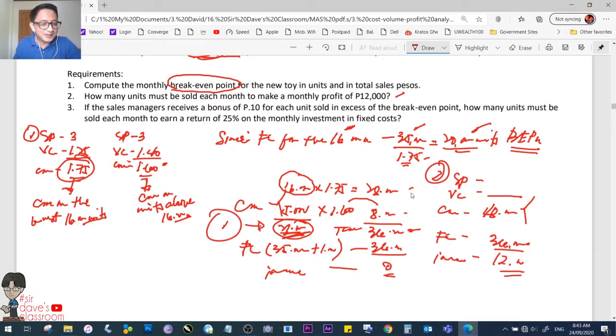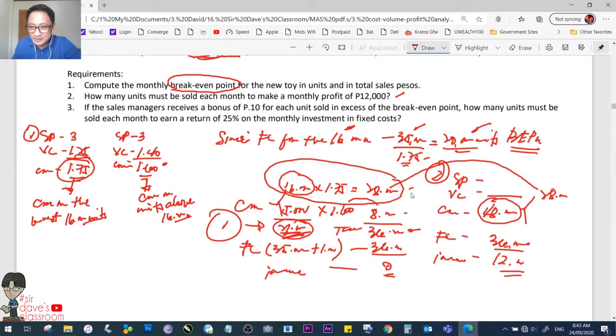units. Ibig sabihin, yung first 28,000 nitong 48, na galing doon sa first 16,000 units, okay, ay part ng 48. Therefore, the other portion must be 20,000 pesos. And that 20,000 pesos, divide it by, saan?